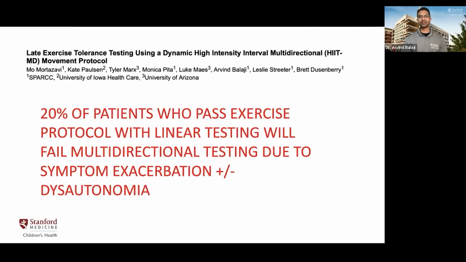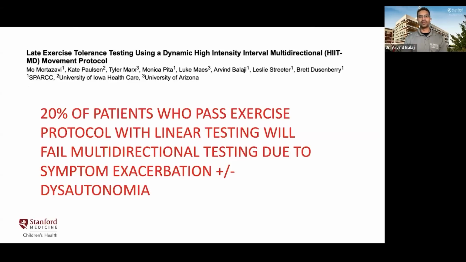And you may come to the conclusion that when they get to a situation where they're doing their maximal intensity and they're able to tolerate it, they would be safe to return to high level activity, such as returning to a sport that requires cutting, pivoting, and those sorts of things.